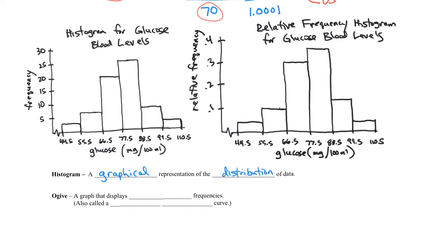But an ogive is a graph that displays cumulative frequencies. I think I mentioned this before, it's also called a cumulative frequency curve. Our book just calls it an ogive.